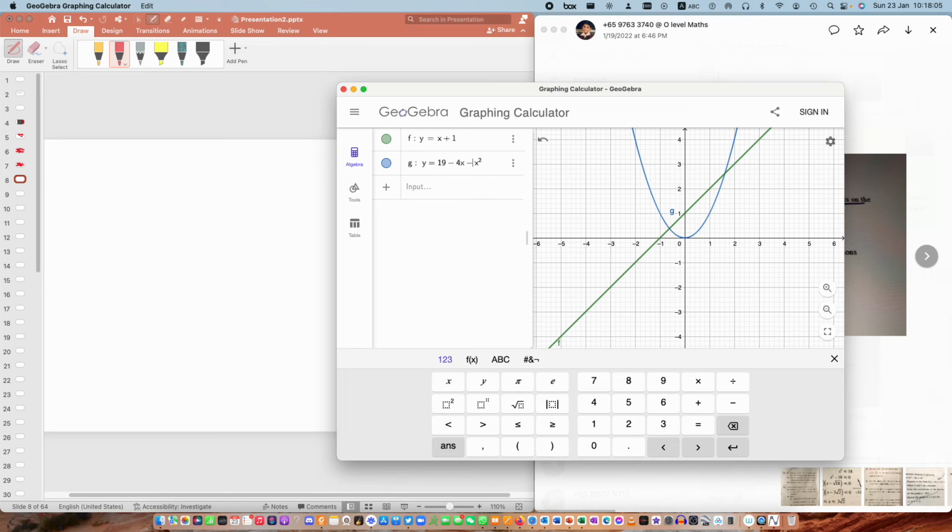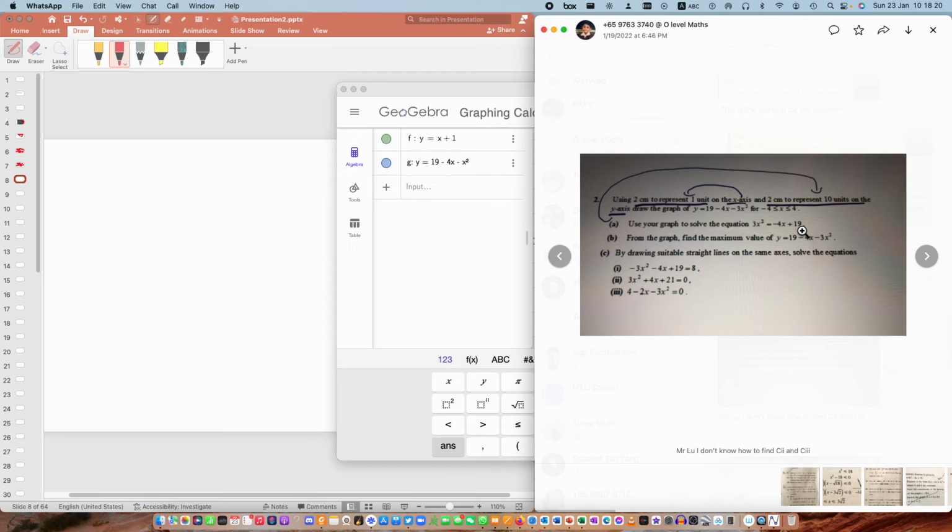Actually, it's minus x squared. I'm talking about the original. This doesn't look like the original. The original is here, right? Let me just crop this out.